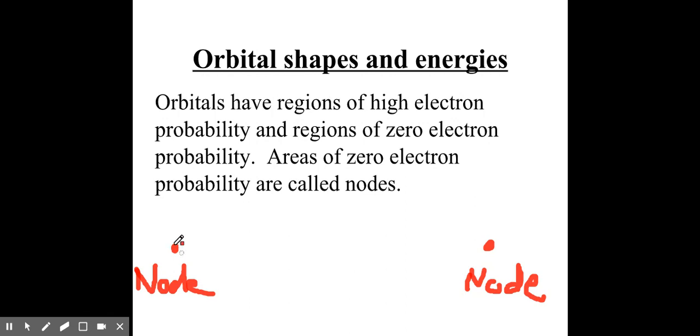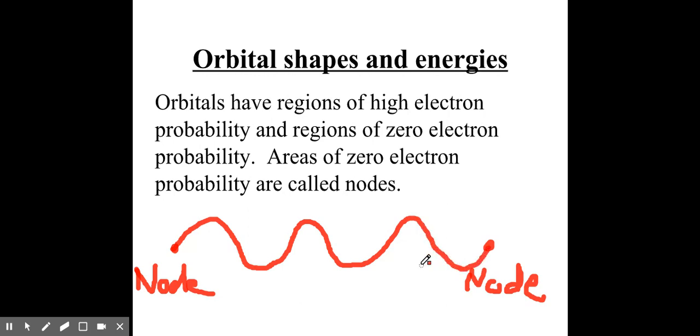Now if I use a guitar string analogy, this would be the neck of the string and this would be the base of the string down here, and whenever you pluck it, it will vibrate like a wave right there. So areas of high probability will have high electron probability here, and then we would have zero electron probability at these nodes.